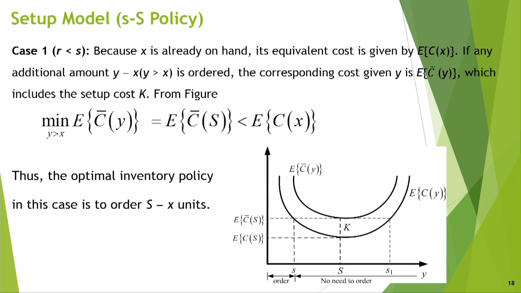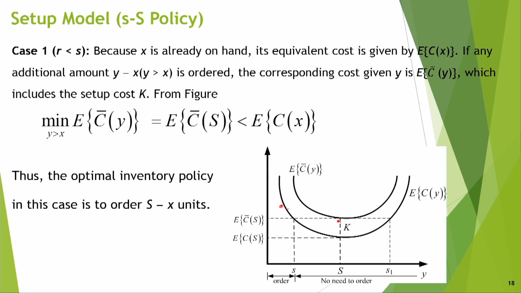Okay. So, I will not go into much detail about that. You can argue that if you are here, that x is your quantity in hand, and it is less than this one, then naturally this point is much below that.